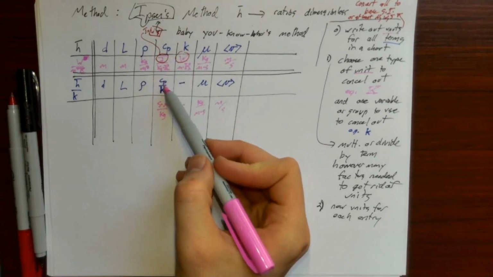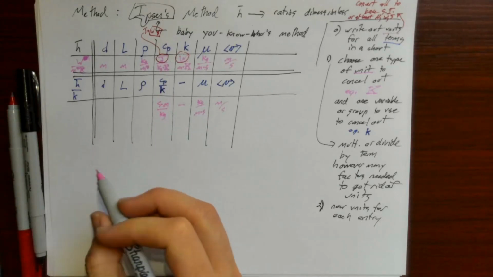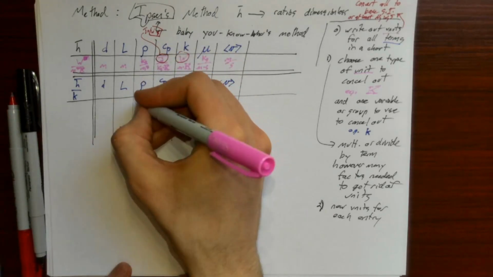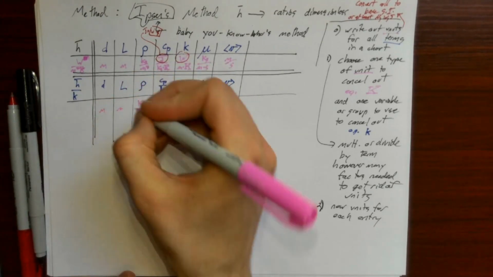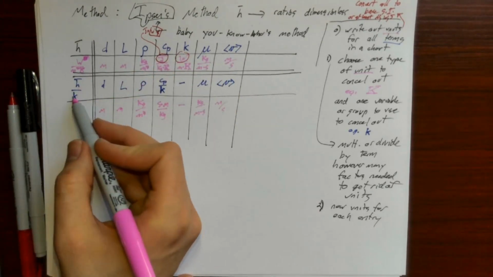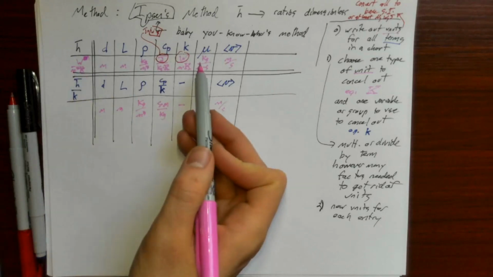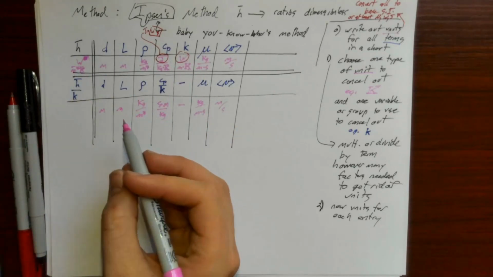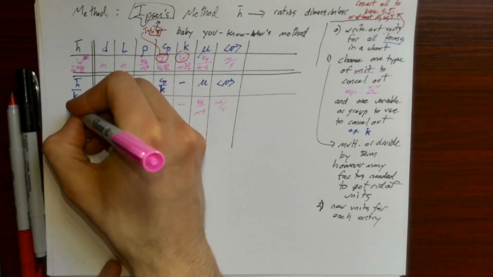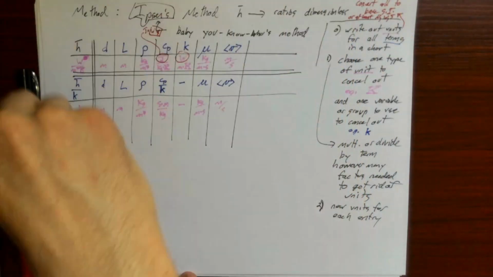The ratio of Cp and K gets rid of a couple of units. Density still has units of kilograms per cubic meter, and these both have units of meters. For h bar divided by K, there's watts per meter squared Kelvin over watts per meter Kelvin, which cancels, so h bar over K has units of 1 over meters.